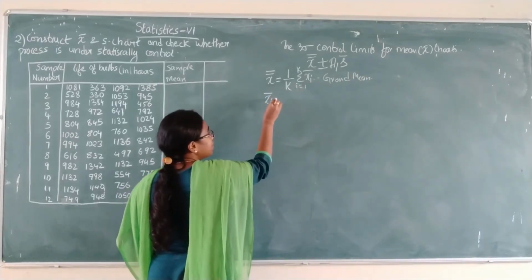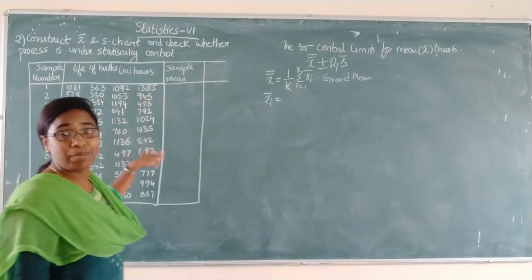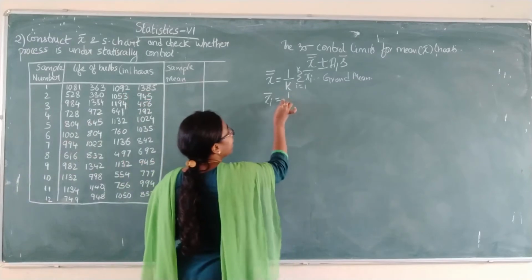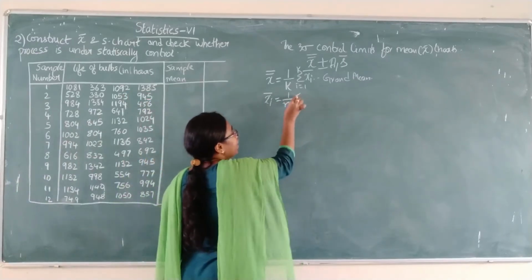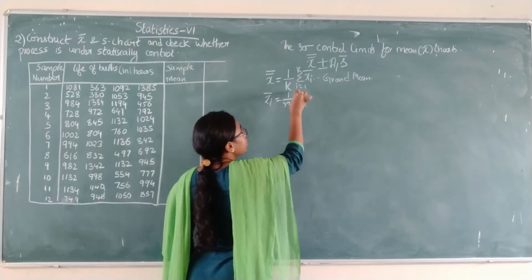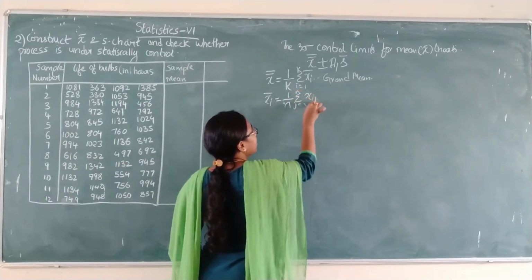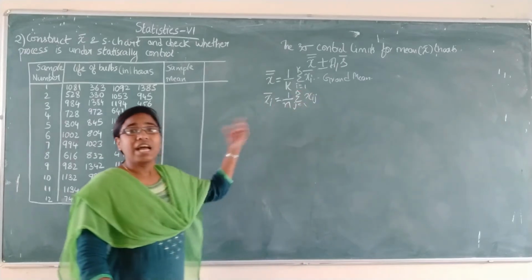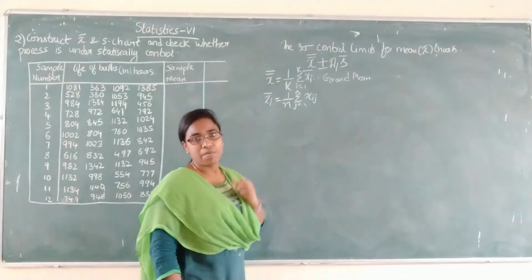Xi bar is the ith sample mean, that means the individual sample means. How will we calculate it? Each sample has n values, so 1 by n summation j equals 1 to n Xij. This is the ith sample mean. By using this we will get X double bar.